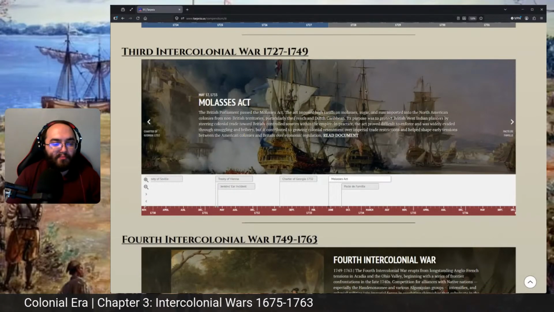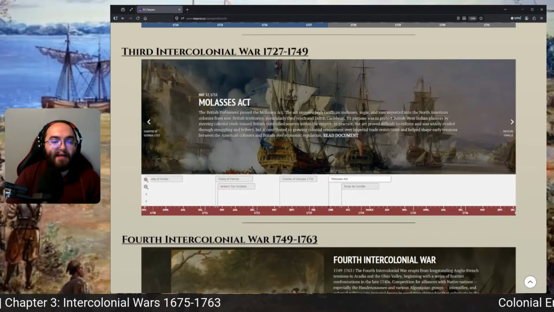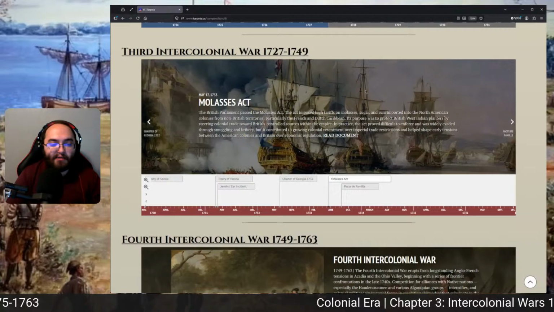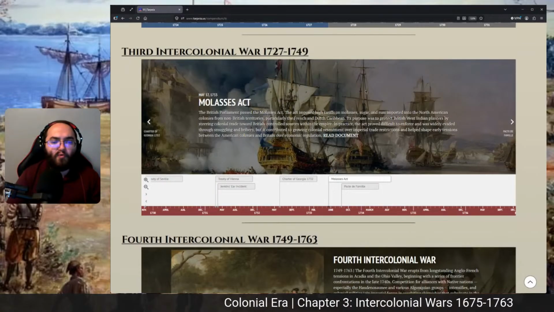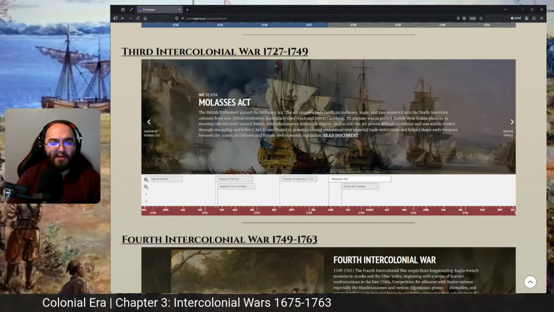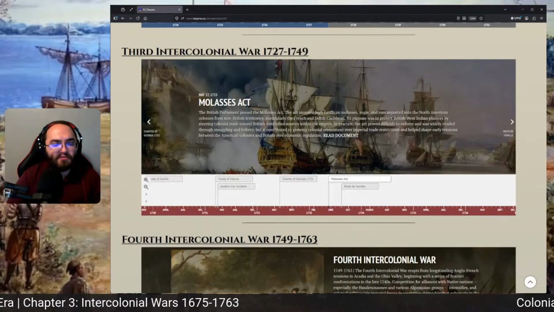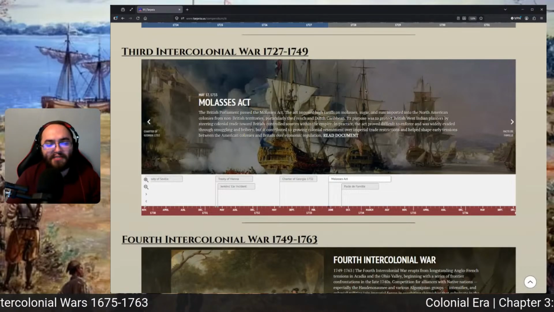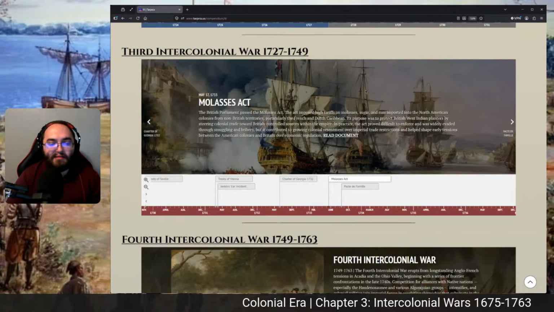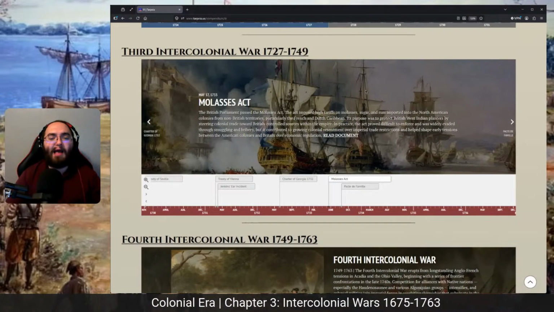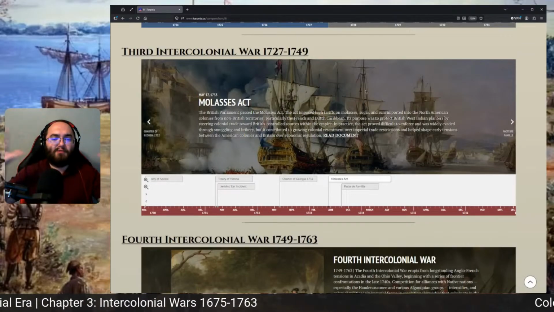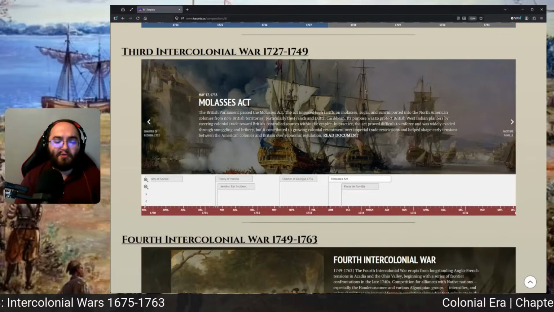This is yet another example, another proof against the idea that Parliament was not intervening in colonial affairs before the 1760s. They absolutely were. So, although I understand the sentiment of salutary neglect, I don't fully agree with the implications of absolutely no Parliament authority and control and regulation of the colonies.